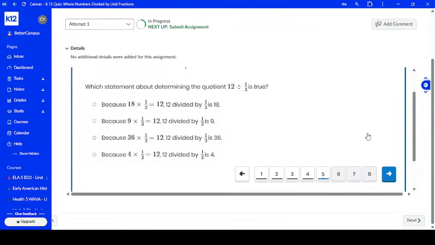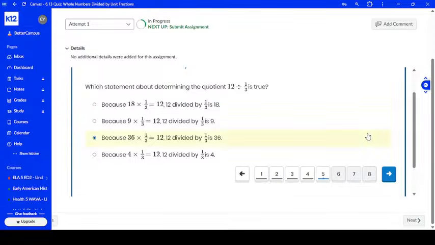C, because 36 times 1/3 is 12, 12 divided by 1/3 is 36? Or D, because 4 times 1/3 equals 12, and 12 divided by 1/3 equals 4.